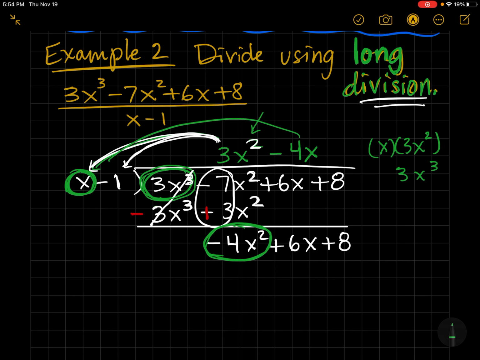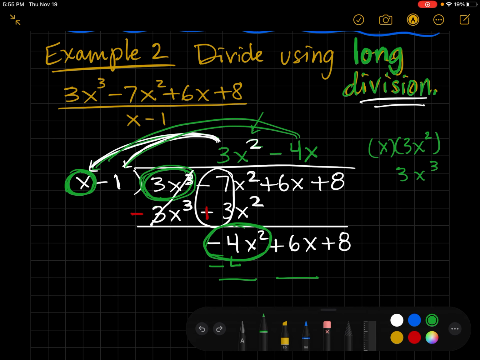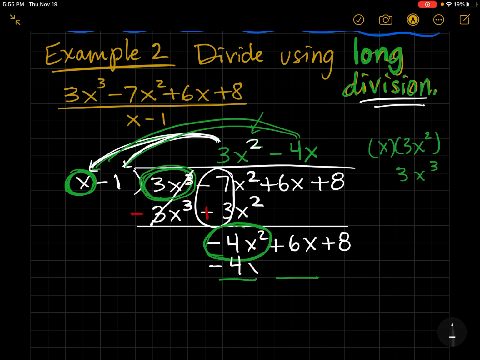And notice when I distribute around, I'm going to put it in these two spots right here. Okay, so I get a negative 4x squared. Hold on, let's go back to white. A negative 4x squared. And then when I multiply by the -1, I get a positive 4x.